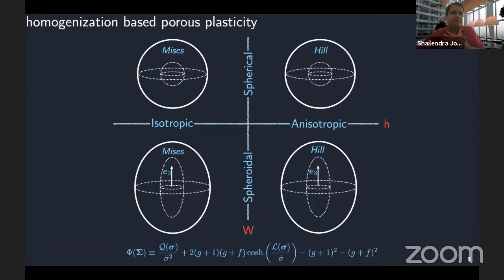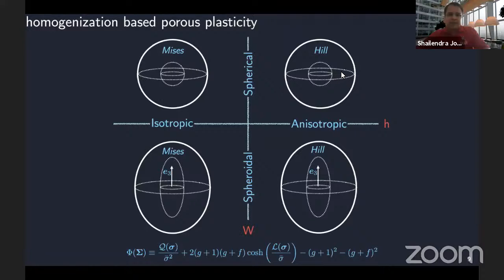So if we take a step back and ask, what are the models that are available currently in the context of how anisotropy can be brought into porous plasticity? There are a number of very sophisticated models, but most of them start out being remnants of the very seminal work done first by Rice and Tracey and then by Gurson, to understand how a spherical void sitting inside a Mises matrix would evolve under macroscopic traction or loading boundary conditions.